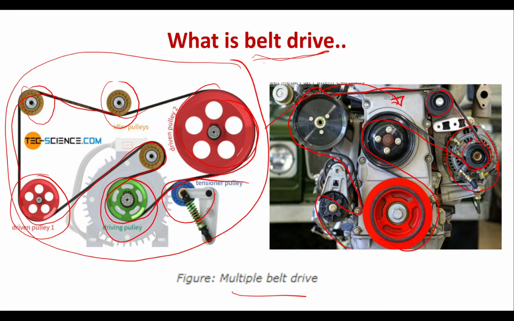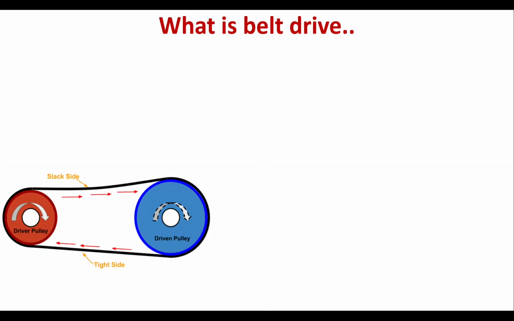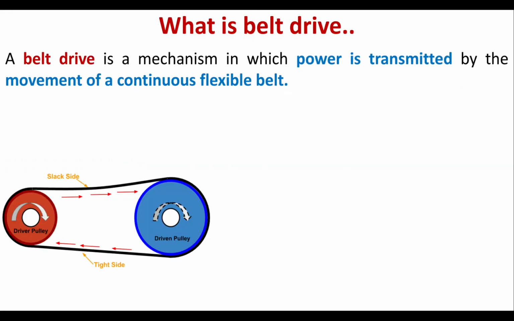So let us see what is belt drive. A belt drive is a mechanism in which power is transmitted by the movement of a continuous flexible belt. This flexible belt is mounted on the driver pulley and the driven pulley. The driver pulley drives the driven pulley. Whatever the direction of the driver pulley, that is the direction of the driven pulley.